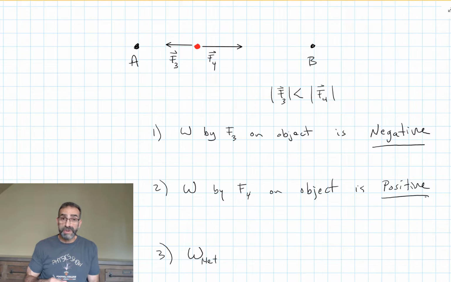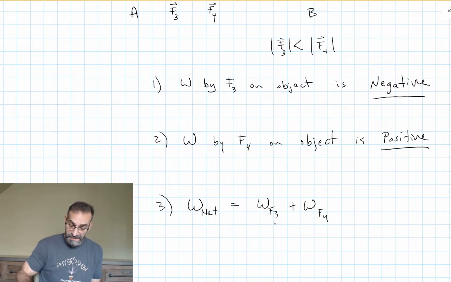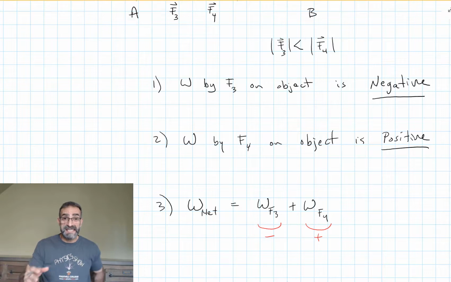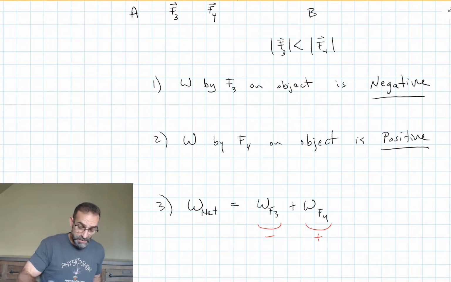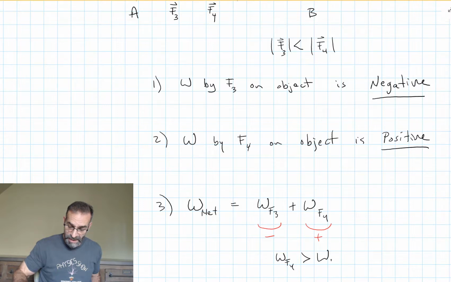And the net work done on our object? Positive, negative, or 0? Well, let's take a look at this. F3 is doing negative work. F4 is doing positive work. The distance is the same for both forces. F3 is being applied through a certain distance from A to B. F4 is being applied through the same distance from A to B, but F4 has a larger magnitude, so the work done by F4 is greater than the work done by F3.